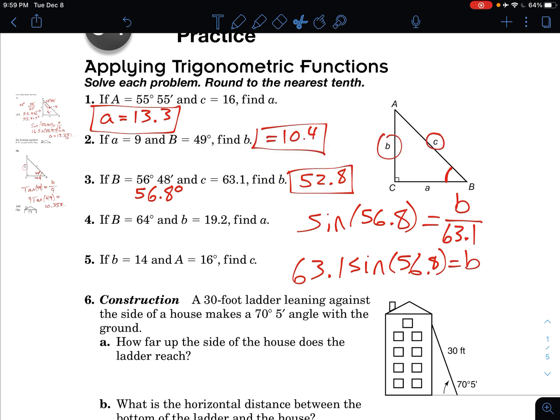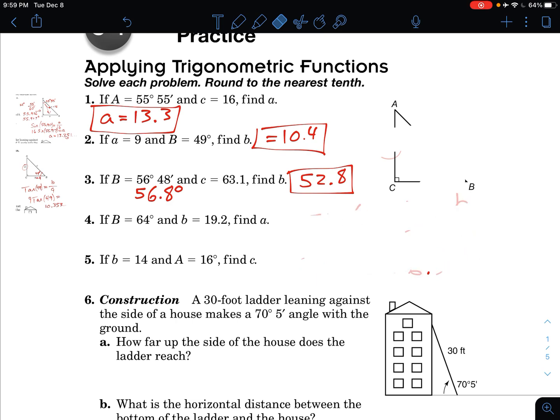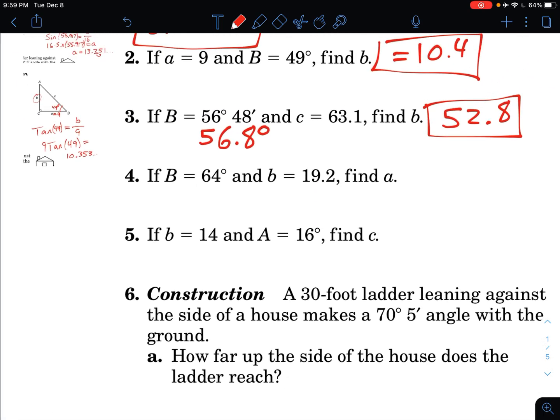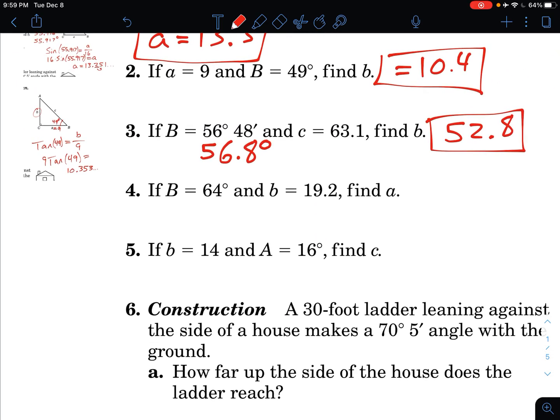B is 52.8. Get rid of the work here. You guys already have 2 examples on the side to look at. I'll have this PDF posted on the classroom as well that you can look through.